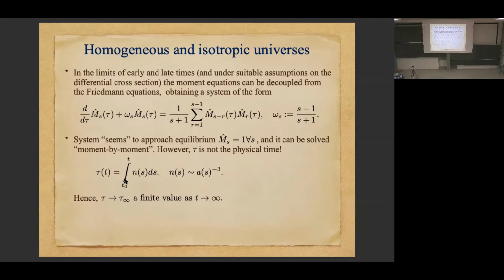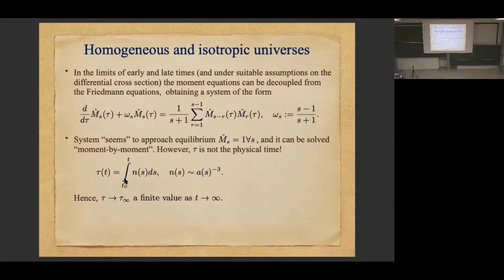The interesting thing is that in this limit, what you can show is that this moments equation decouples from the Friedmann equation. So that involves a separate system.